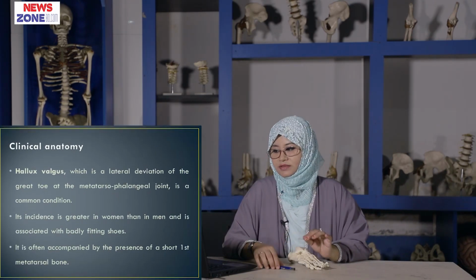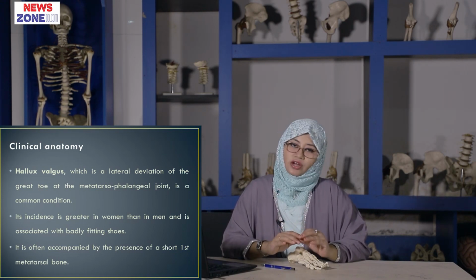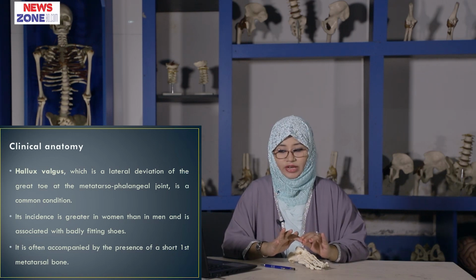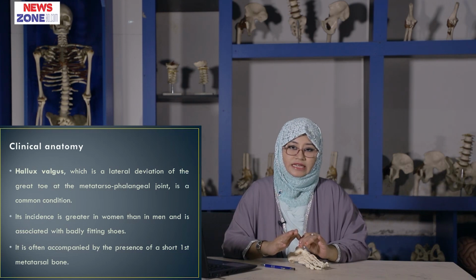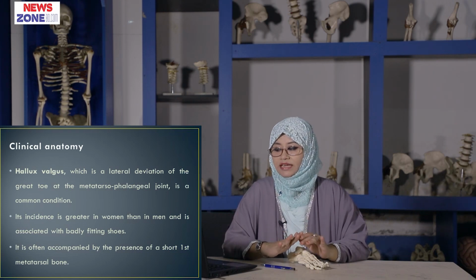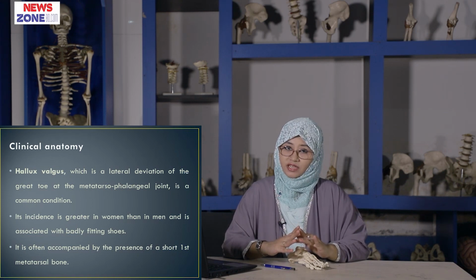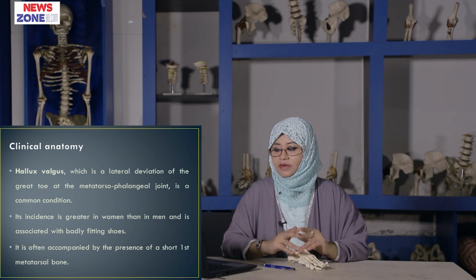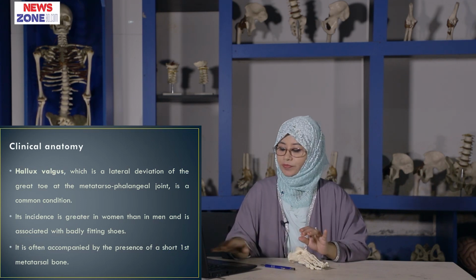Hallux valgus, in which lateral deviation of the great toe at the metatarsophalangeal joint, is a common condition. Its incidence is greater in women than in men and is associated with badly fitting shoes. It is often accompanied by the presence of a short first metatarsal bone.